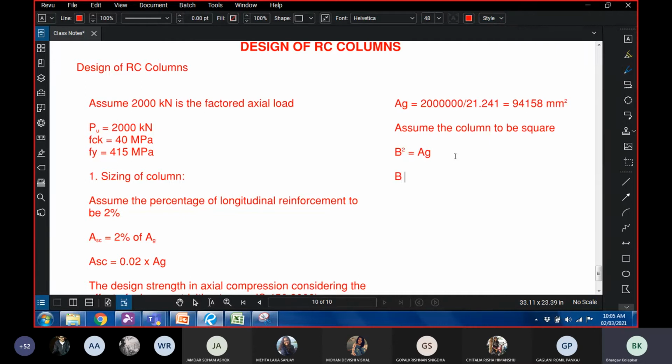Therefore, B is square root of AG, which is equal to square root of 94158, which is approximately 307 mm.